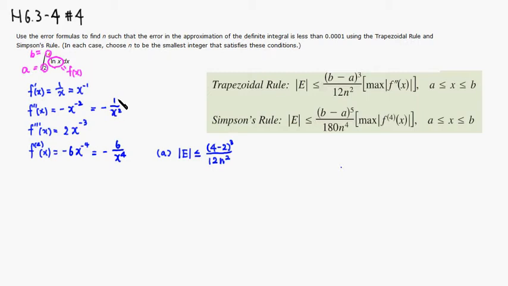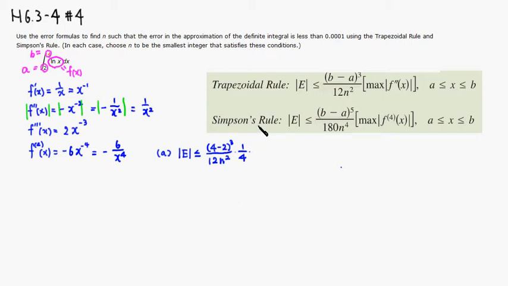Since it's the absolute value, taking the absolute value takes away the negative sign, so this is 1 over x squared. To make it as large as possible, we want x to be as small as possible, in this case 2. If you put 2 here, 1 over 2 squared is 1/4. So 1/4 is the maximum of the second derivative.